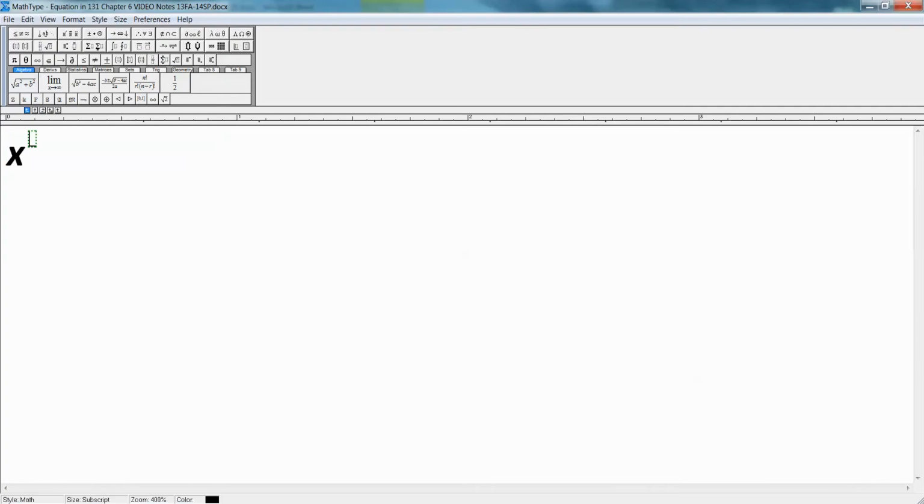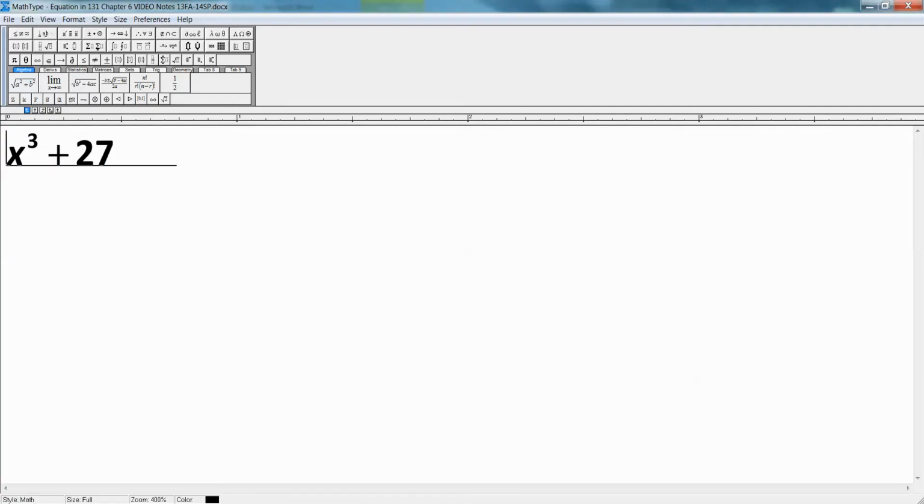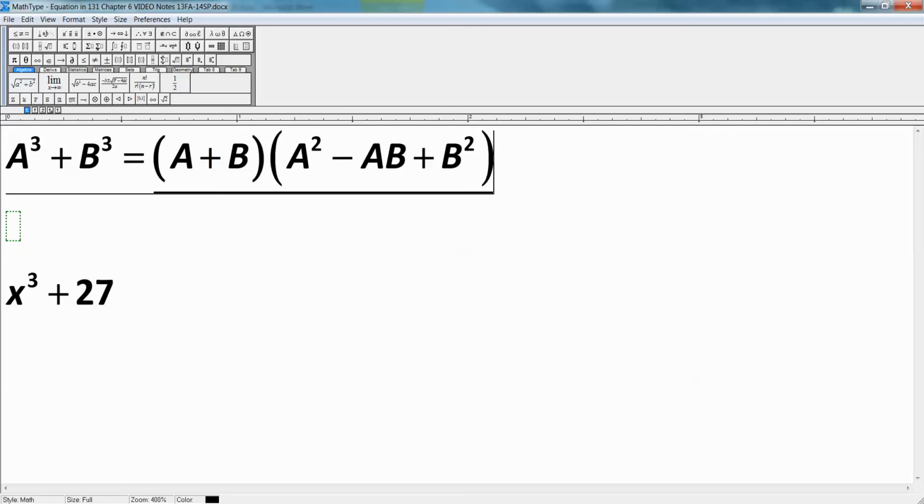Okay, so we have x cubed plus 27 on this problem. What we want to figure out is what's our a and what's our b. So the formula is a cubed plus b cubed. We've got x cubed plus 27, right? So a is x. That's not too hard.